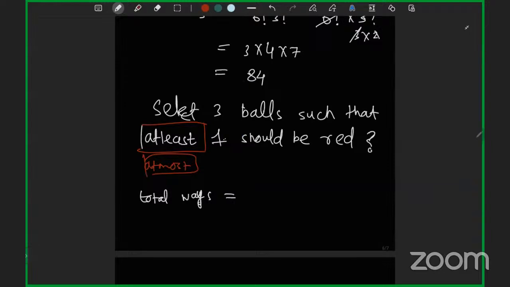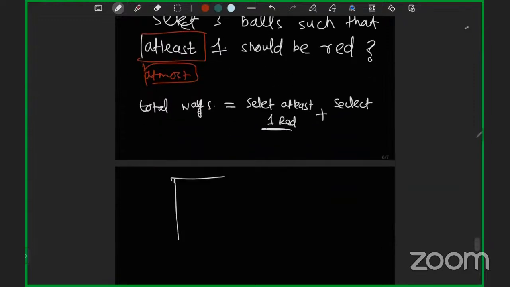Now what will be the other cases? So total ways is select at least one red plus select, what would be the counter of this? Okay, what would be the counter?